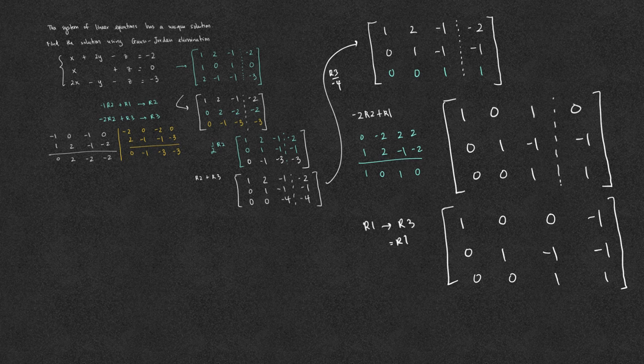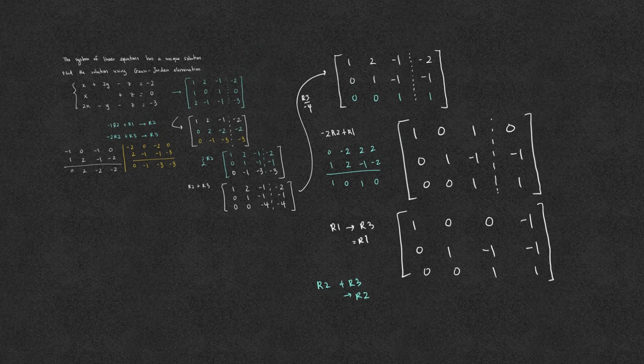There's still one more operation we need to do. In the second row, third column, we need to turn this -1 into 0, and we can do that by taking row 2 and then adding to row 3 to get row 2 in the equivalent matrix.